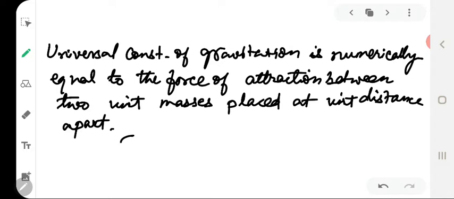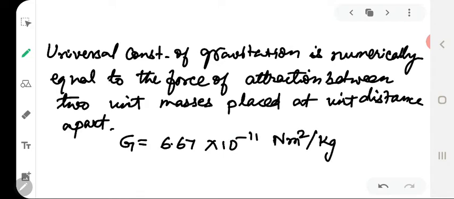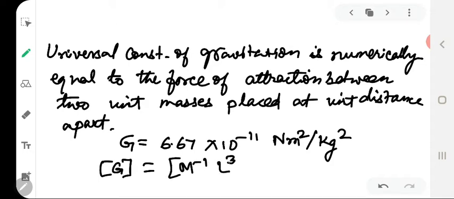The value of G is actually 6.67 into 10 to the power minus 11 Newton meter square per kg square, and its dimensional formula is M to the power minus 1 L to the power 3 T to the power minus 2. The value of the gravitational constant was first determined experimentally by Henry Cavendish by using a torsion balance.